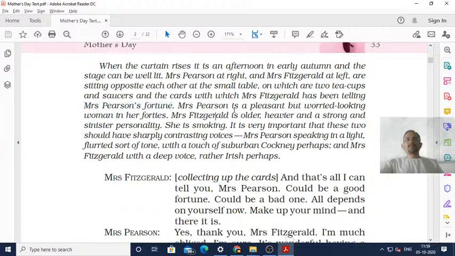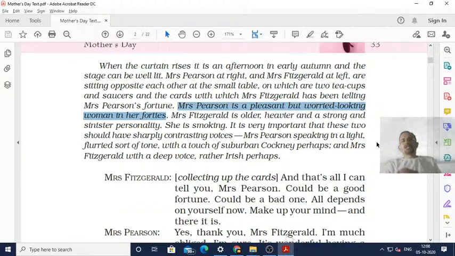Mrs. Pearson is a pleasant but worried looking woman in her 40s. Mrs. Fitzgerald is older, heavier and a strong and sinister personality. Between the two, Mrs. Fitzgerald is older and very heavy, as well as a very strong and sinister person.